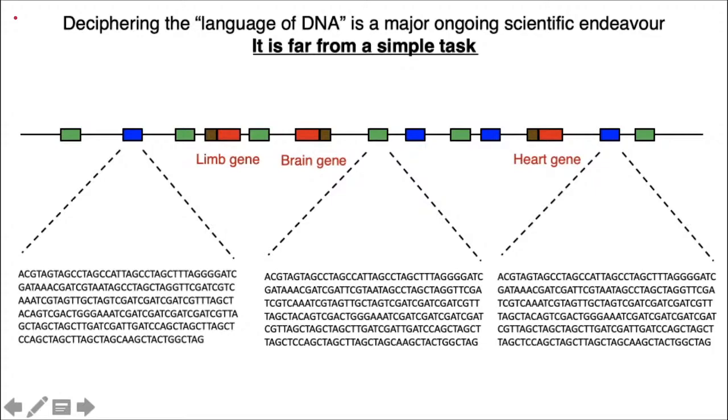The thing is that we're still quite far from really deciphering the instructional manual that is the DNA, right? Just to give you an example, let's take this very complex region where you have a gene involved in limb formation, one gene involved in brain formation, one gene involved in the heart.